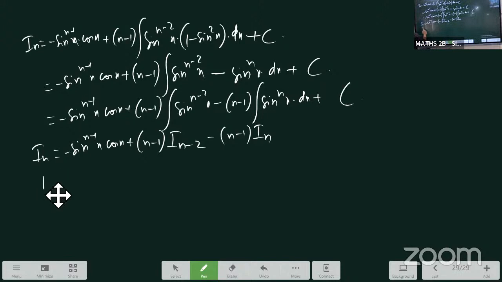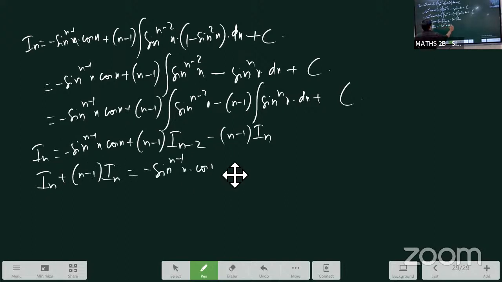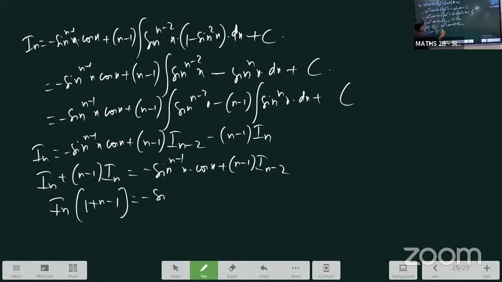Now bring that In plus n minus 1 into In. That is equal to minus sin power n minus 1 x cos x plus n minus 1 In minus 2. Now take In common: 1 plus n minus 1, minus sin to the power n minus 1 x cos x, n minus 1 In minus 2.